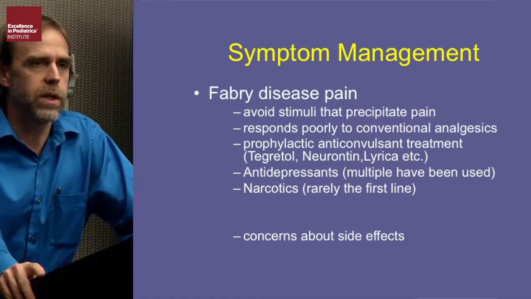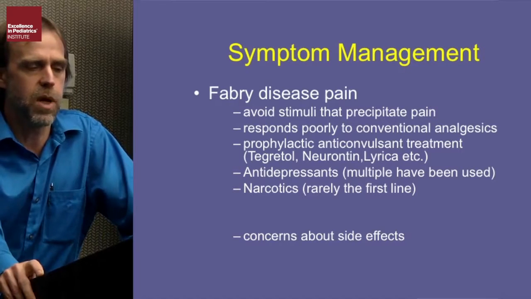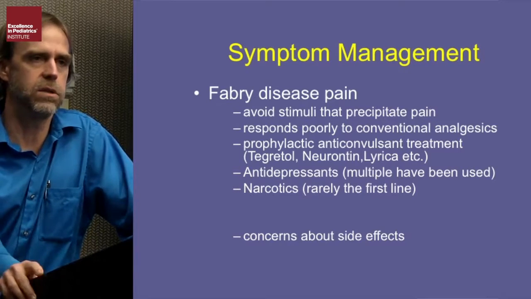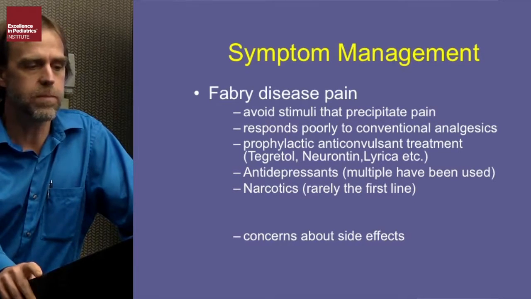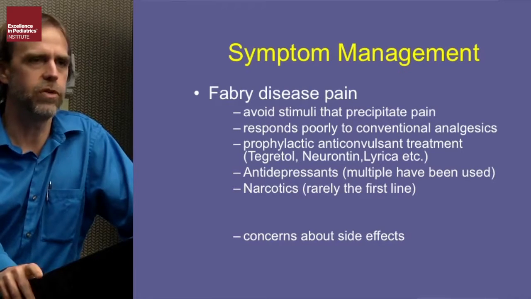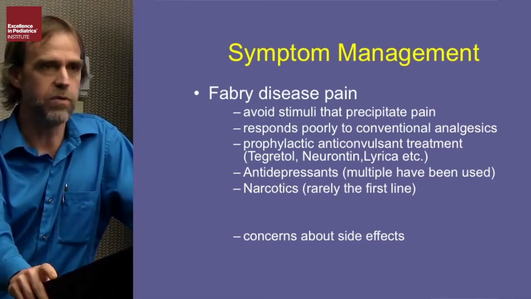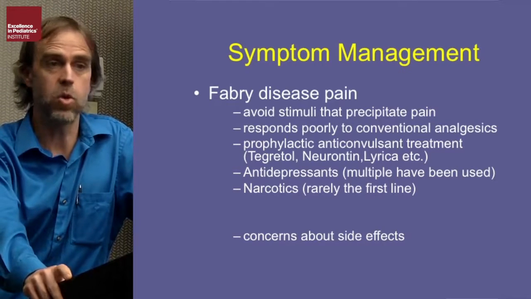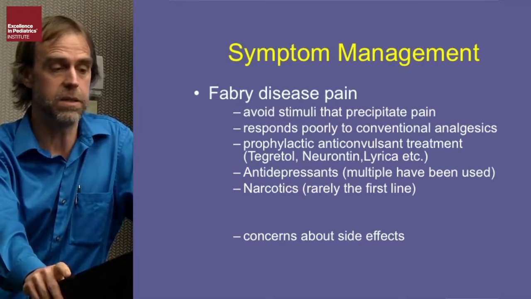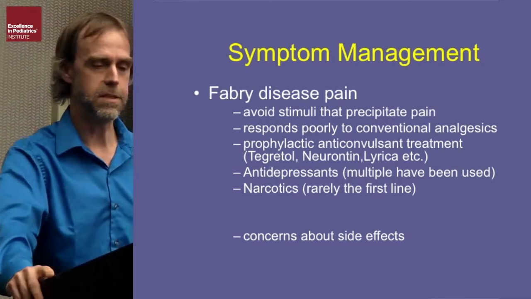It is important to recognize that the pain in Fabry disease responds poorly to conventional analgesics. So the most common ones, ibuprofen being one of the most common, is a bad choice for Fabry disease because it damages the kidneys, and this is a kidney disease.